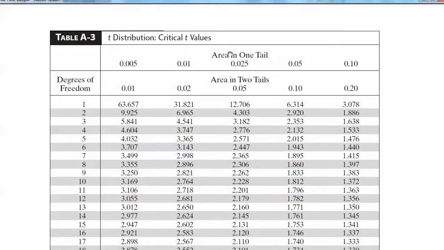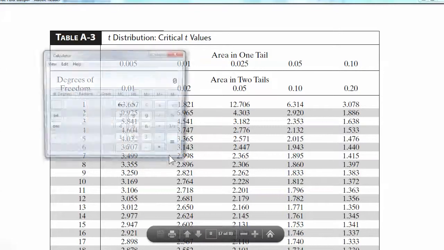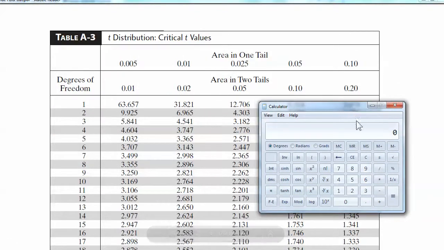And we want area either under 1 tail or 2 tails, depending on the perspective you take. Under 1 tail, it's going to be 1%. Under 2 tails, it's going to be 2%. And here's why. If our confidence level is 98%, then you imagine the entire curve, 100% minus 98% leaves 2%.